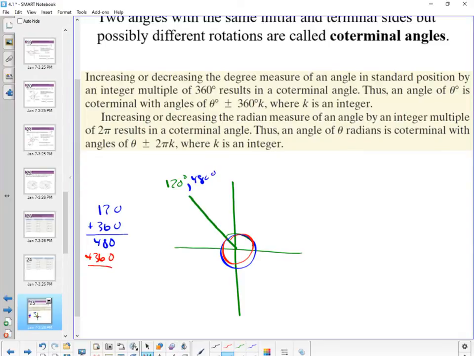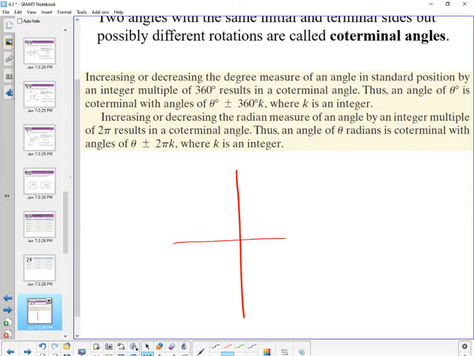Now if I want the negative ones, here's my 120. Instead of going this way, I would go backwards. But instead of adding the 360, I would have to subtract the 360, wouldn't I?